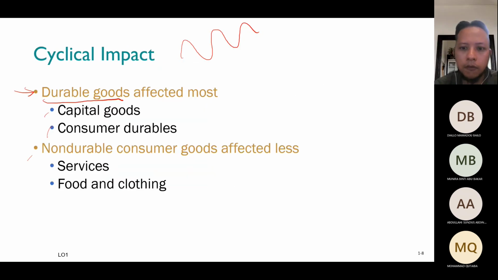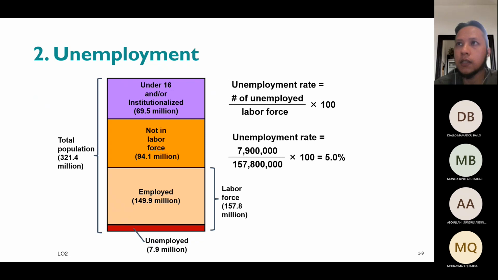Is there any questions before I move to the next part? Okay, the next part is in terms of unemployment. This is usually very much related to recession.